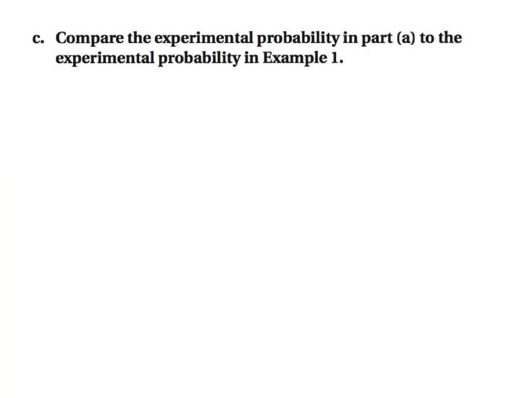Now then, C says this. Compare the experimental probability. So once again, the experimental probability for part A in example 3 was 49%. But in part A was only out of 50 trials, and that was 58%. So compare it. What you would say would be this.